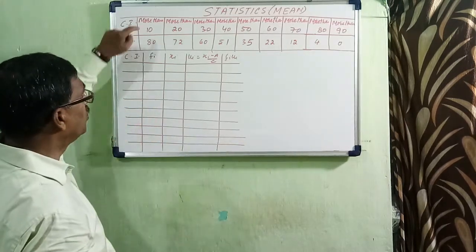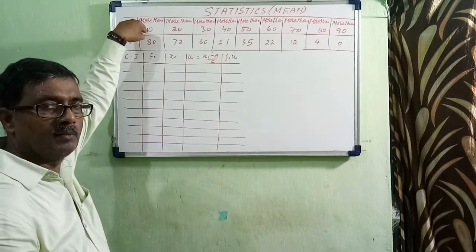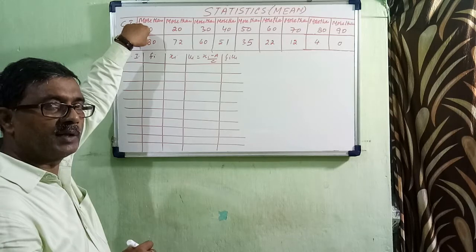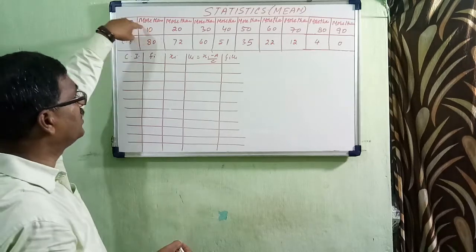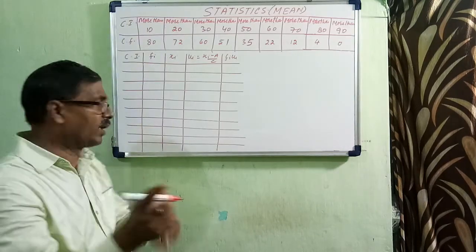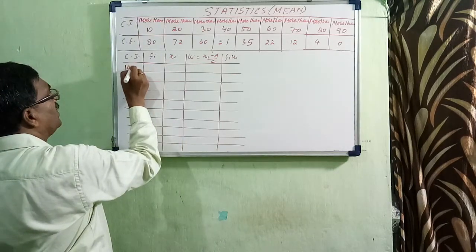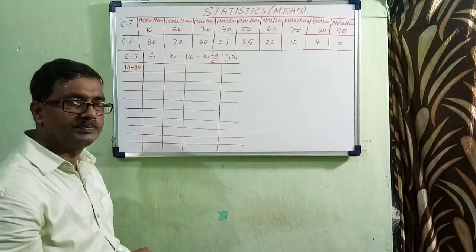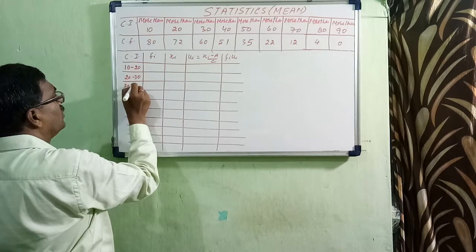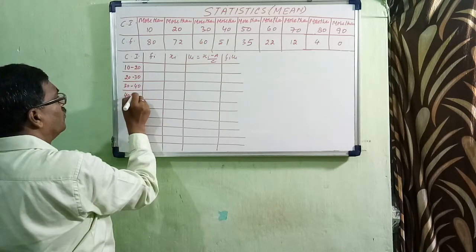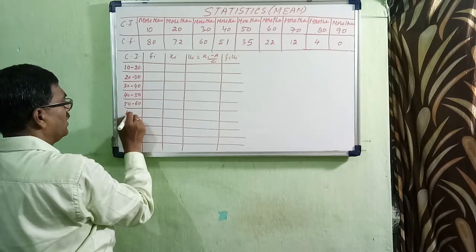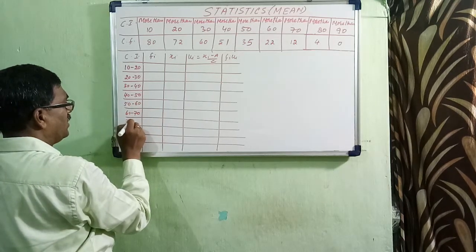Now, more than 10 means you have to begin with 10. So 10, and what is the next number? 20. So the gap is 10. So what is your first class interval? 10 to 20. Then 20 to 30, 30 to 40, 40 to 50, 50 to 60, 60 to 70, 70 to 80, 80 to 90.